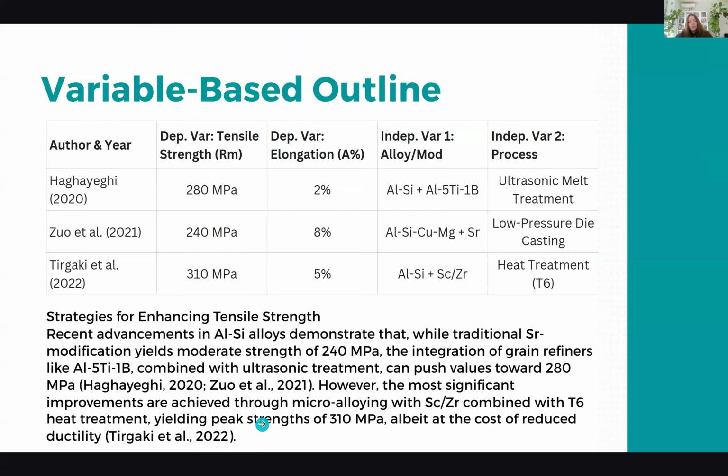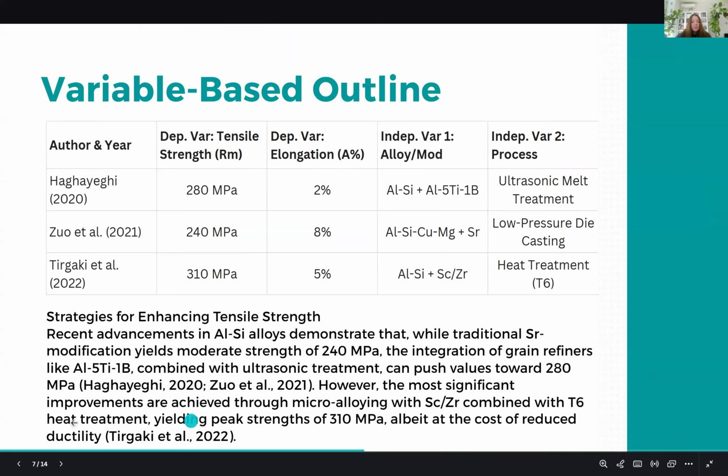Here's an example of a paragraph that synthesizes all this data into one short passage. So, strategies for enhancing tensile strength. Recent advancements in aluminum silicon alloys demonstrate that while traditional strontium modification yields moderate strength of 240 megapascals, the integration of grain refiners like this one, combined with ultrasonic treatment, can push values towards 280 megapascals.